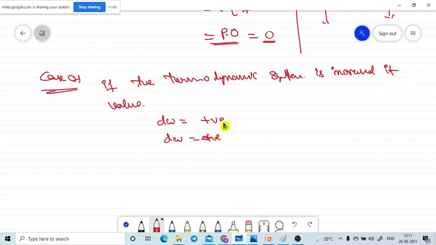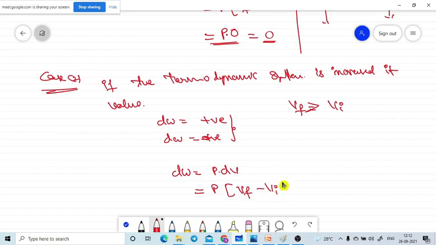It is positive, no? Increasing means the final value must be greater than the initial value. Then what is the basic formula? dW is equal to P into dV, which is P into the final volume minus the initial volume. Since the final volume is greater than the initial volume, we get a positive value.